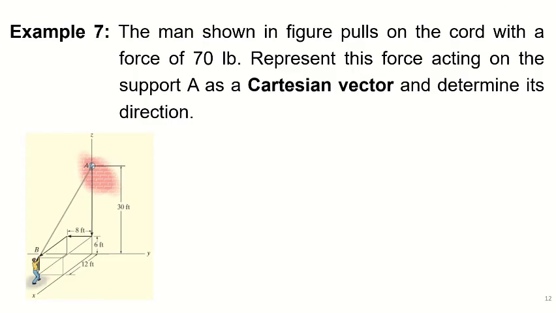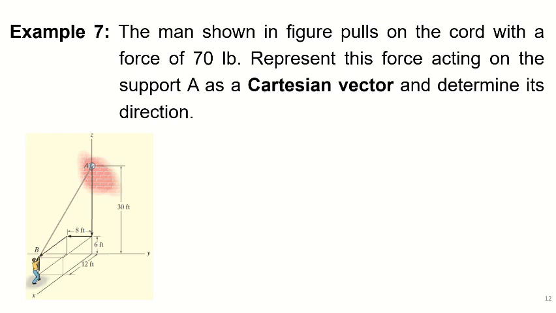The second question says the man shown in figure pulls on the cord with a force of 70 lb. Represent this force acting on support A as a Cartesian vector and determine its direction, right? So now man pulls the cord, right?